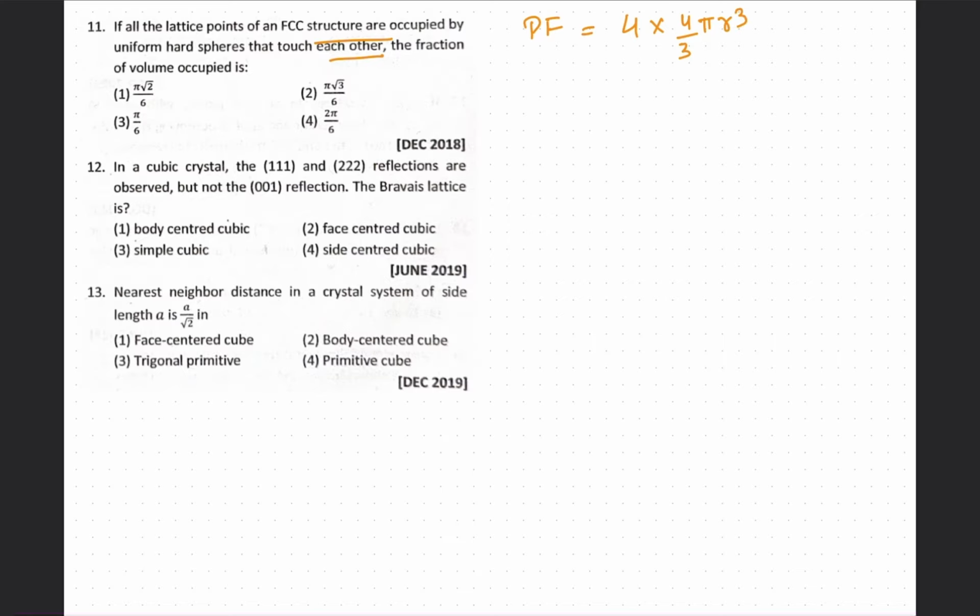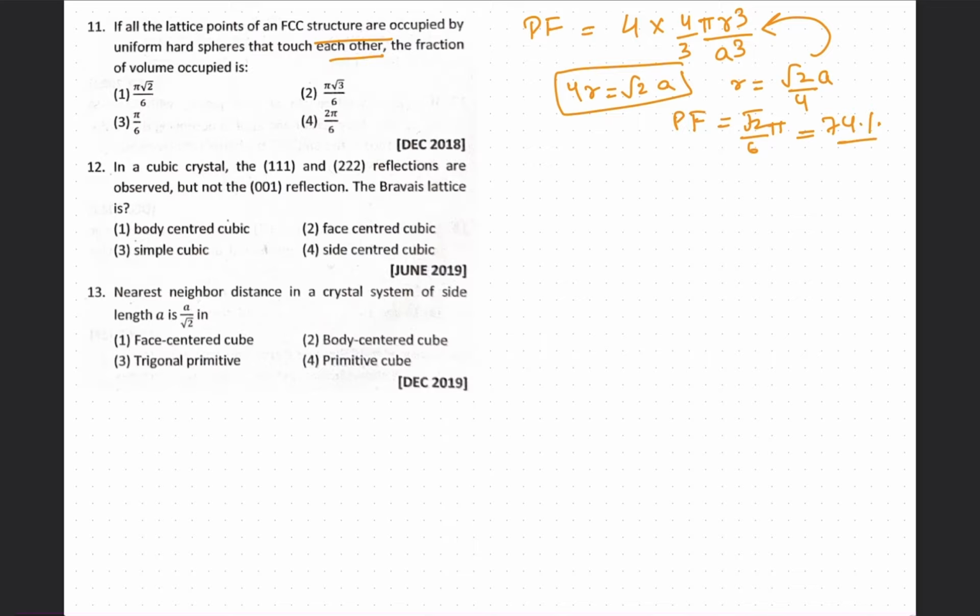This is the volume of each atom, divided by the total volume. Here we'll consider the relation 4r is equal to root 2 a. From here we'll find the value of r, which is root 2/4 a. Then on evaluating, we'll get the packing fraction as root 2/6 pi, which is 74%, right. So the correct answer will be 1, right.